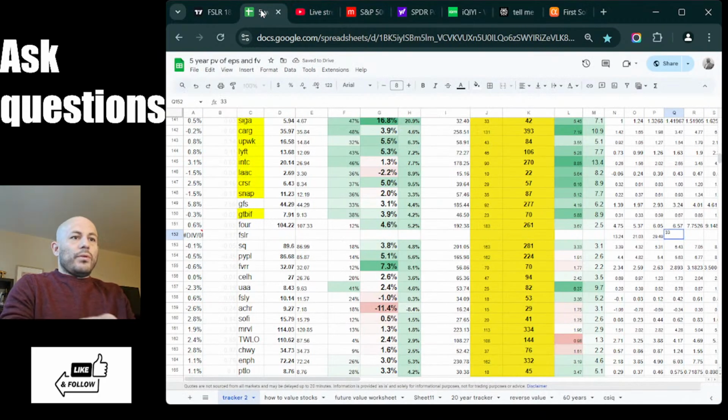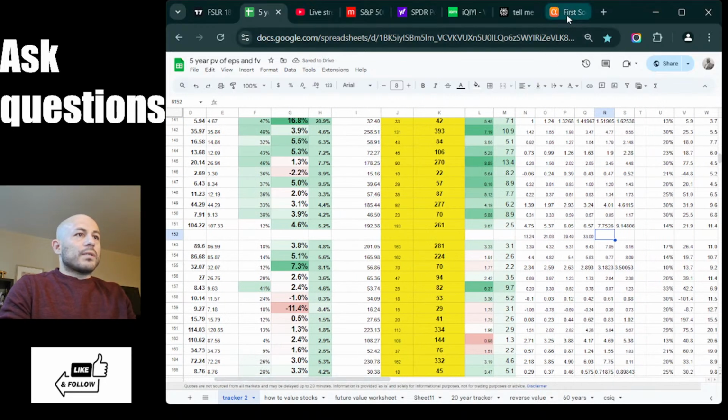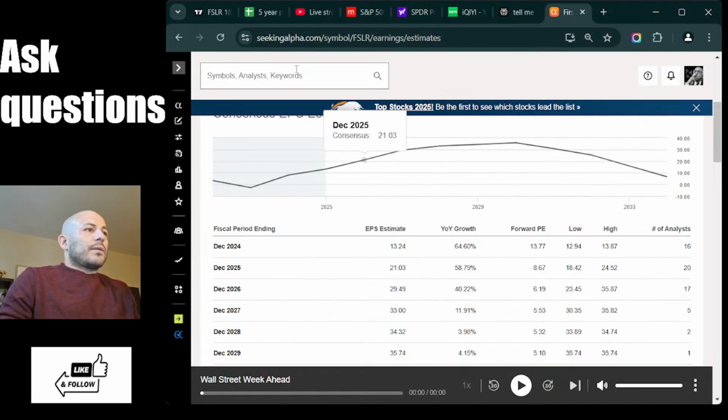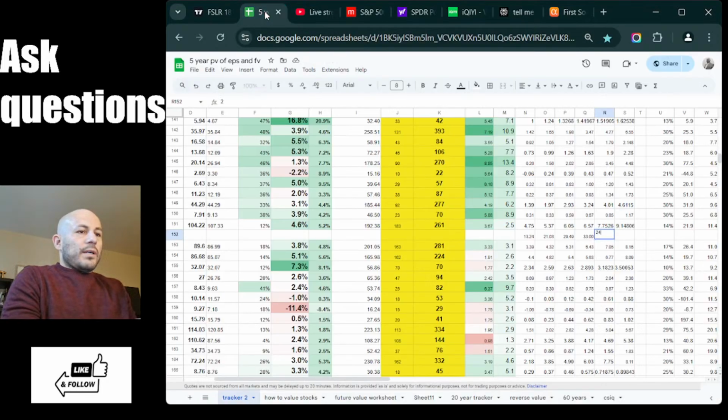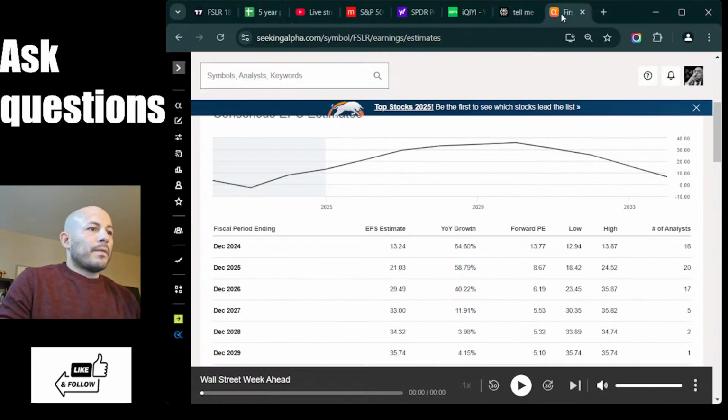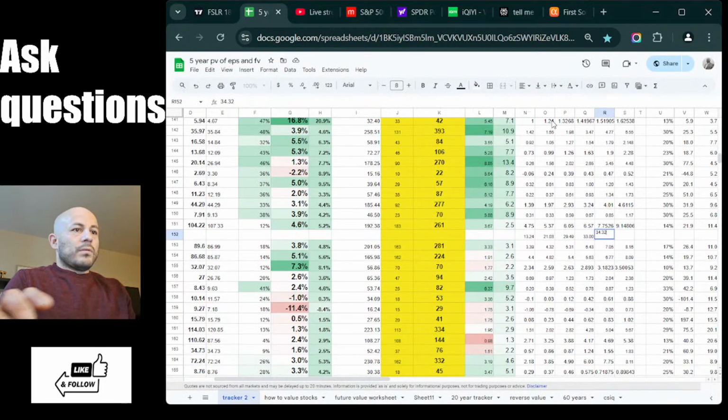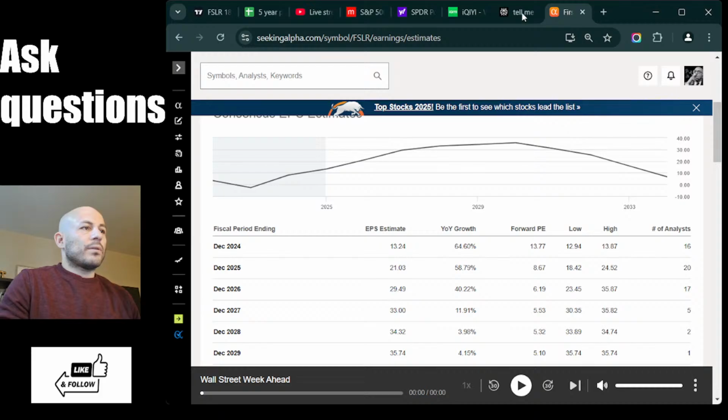So you can make a worksheet like this yourself, track your favorite stocks. You just got to keep updating the numbers as they come. 34 something, 34, and lastly 35.74.